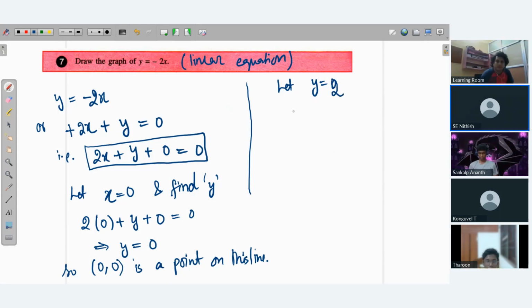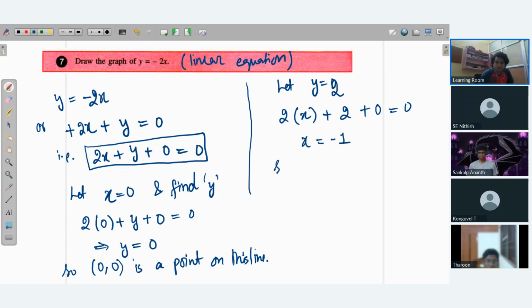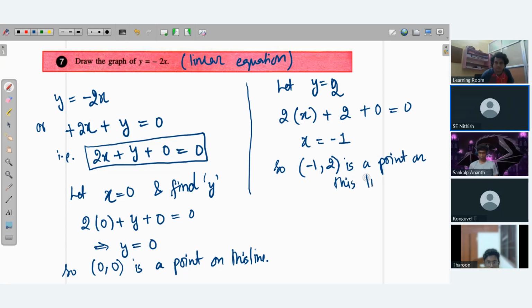That will change. Now y equal to 2 means 2x plus 2 plus 0 equal to 0, meaning x is equal to minus 1. So minus 1, 2 is a point on this line, correct?